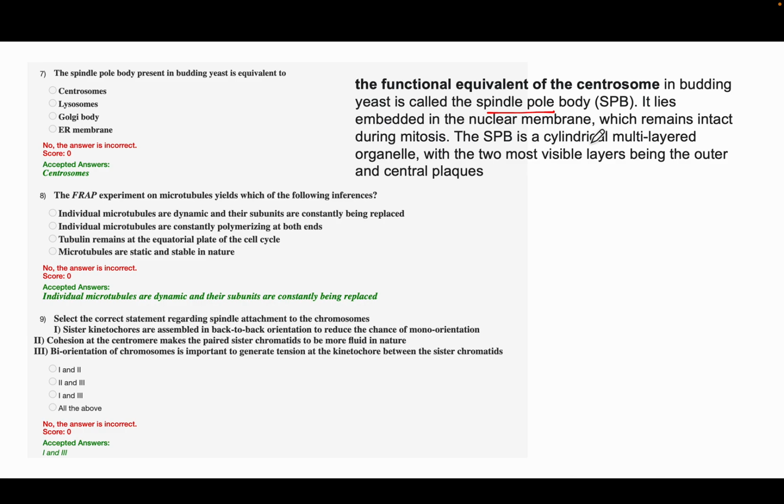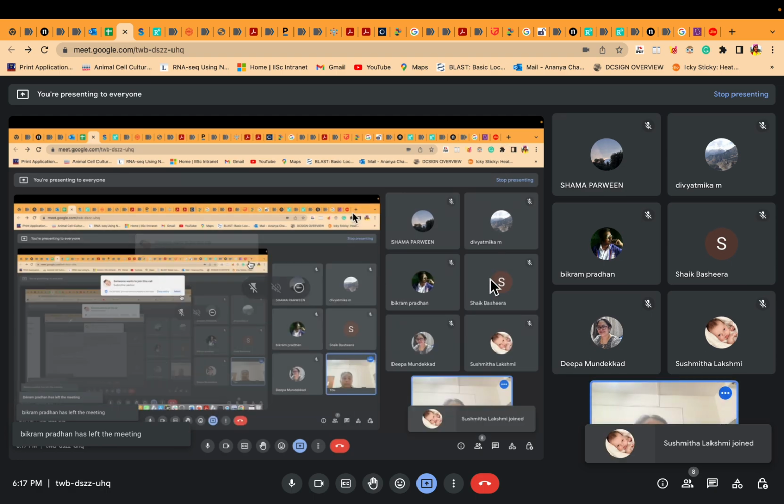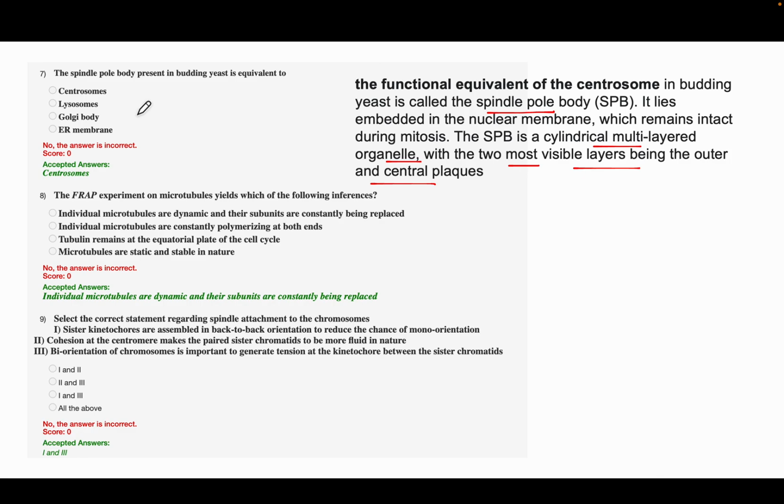The spindle pole body is a cylindrical multi-layered organelle with the most visible layers being the outer and the central plaque. So you have to know that the spindle pole body can also be depicted as the centrosome in the case of yeast.